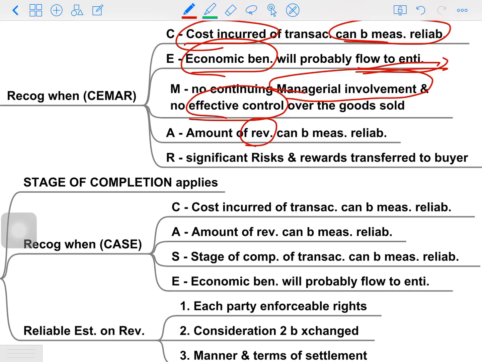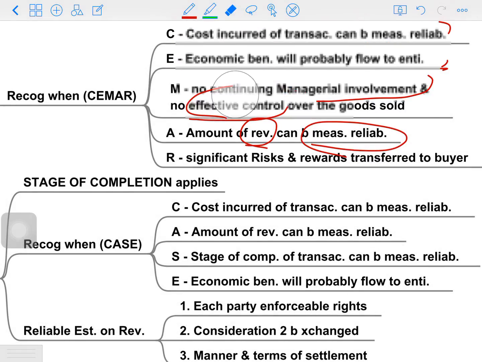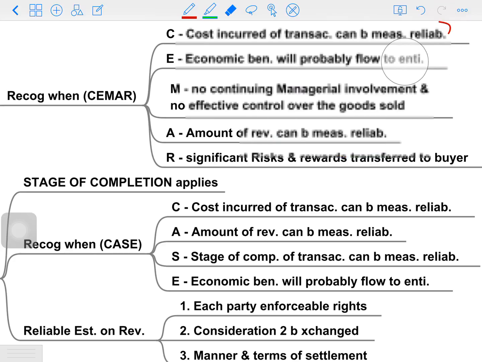And significant risks and rewards. Okay? Risks and rewards have been transferred to the buyer.